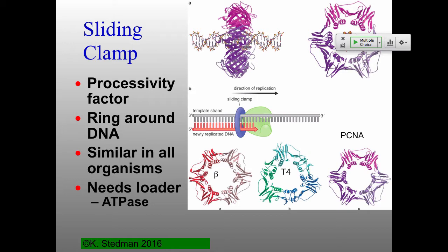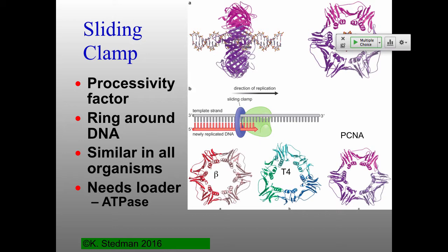It's also helping bring together a lot of other proteins. One of my colleagues who works on these things thinks of it kind of like a tool belt, the replication tool belt. So it's got the DNA polymerase hanging off here, primase hanging off there, RNase H hanging off on the other side. So interacting with lots and lots of different proteins.